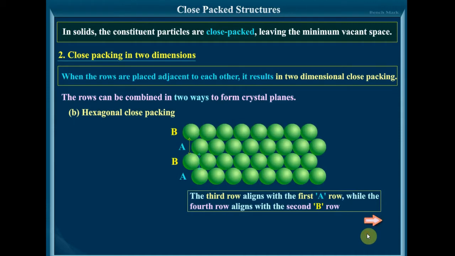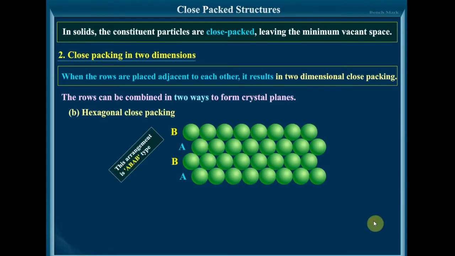It's similar to the first row, that is A row, while the fourth row aligns with the second row. So is that clear? This type of arrangement is called AB type.